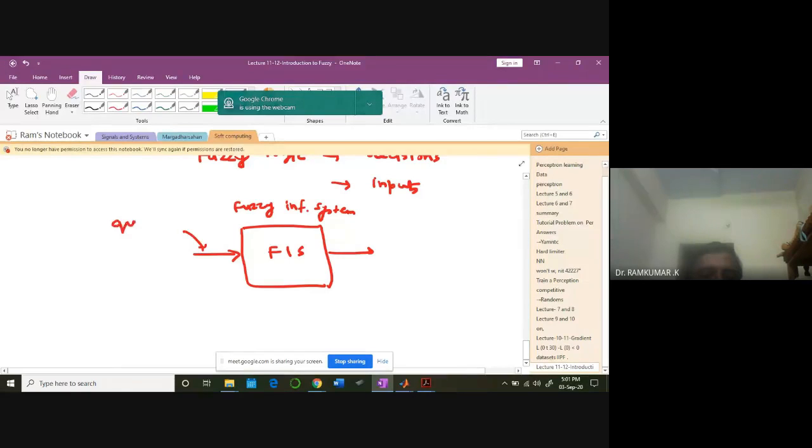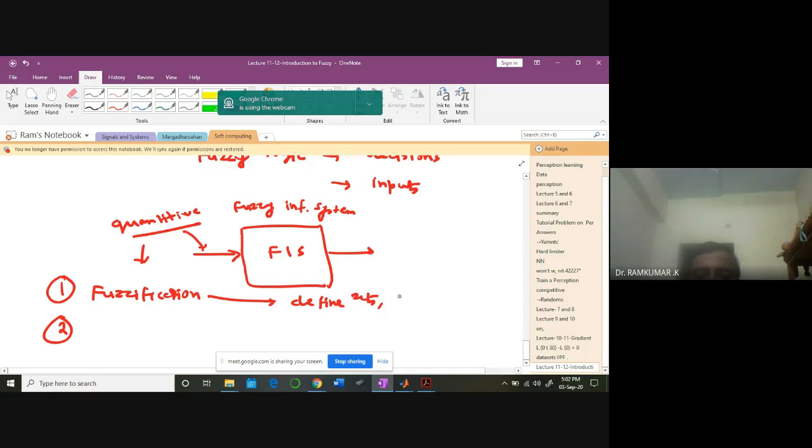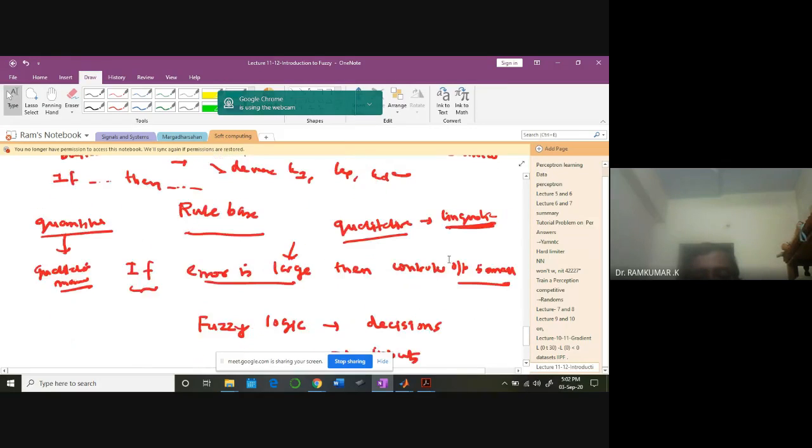Then the quantitative input needs to be converted into fuzzified form. It's called the first step of all implementation, fuzzification. In the fuzzification stage, you have to define sets with appropriate membership values, like triangular membership values.